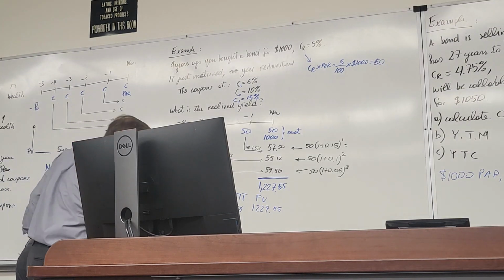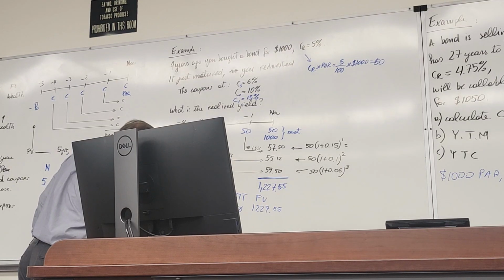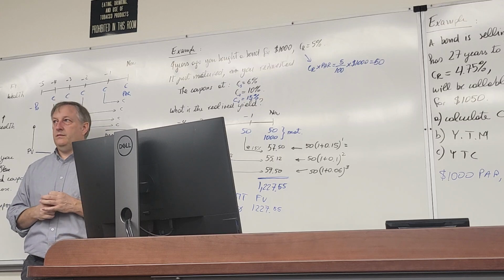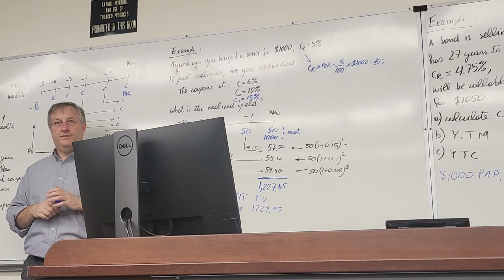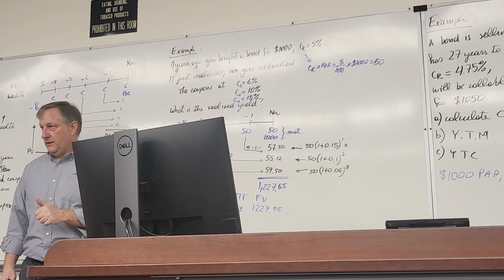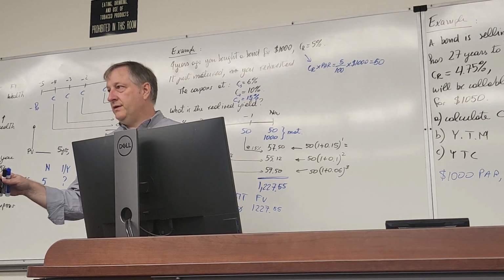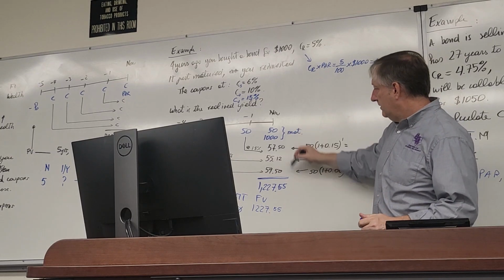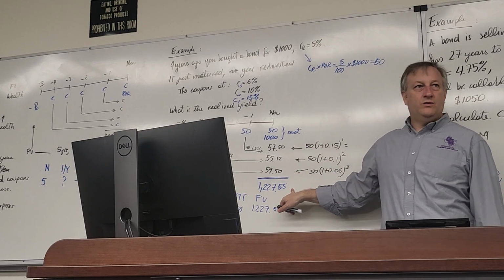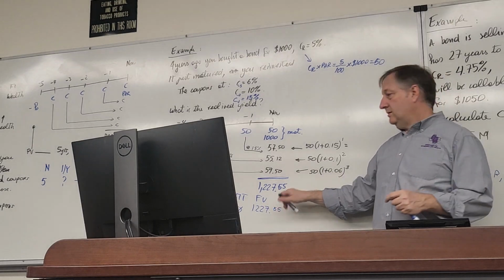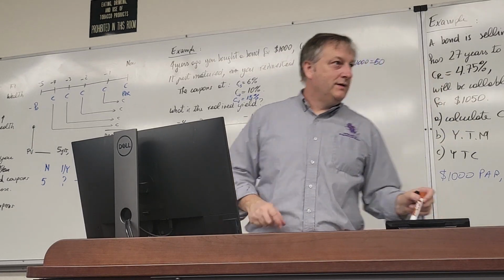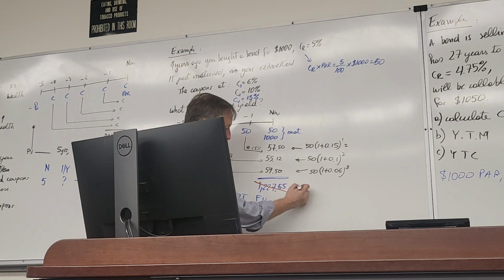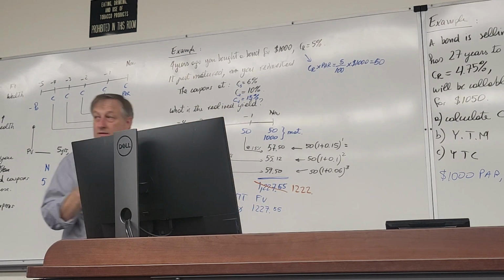What do you get? 5.26%? You agree? You good? Anything different? I'm not sure. When I added up my things, I was getting 1,222. 1,222? Uh-oh. 1,222, sorry guys. 1,222.12.